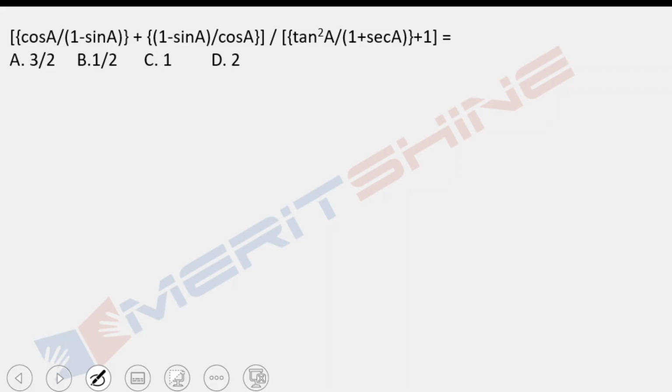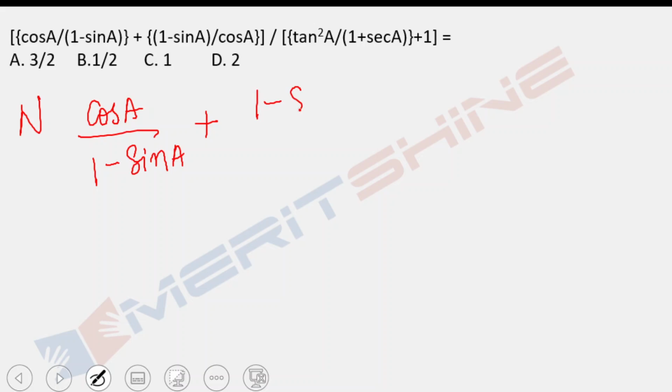How do we approach this question traditionally? You see, here you have a numerator and a denominator. Let's divide the numerator and denominator first so that you understand it clearly. So what is the numerator here? The numerator here is cos A divided by 1 minus sin A plus 1 minus sin A divided by cos A. Right.